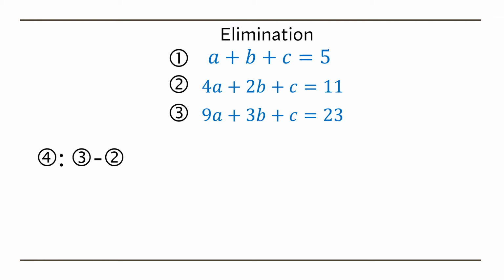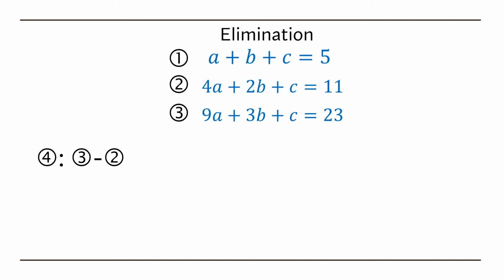So the first step to eliminate some of the variables is to take equation 3 and subtract from it equation 2. When I do this, I'm going to call this equation 4. So what is equation 3 minus equation 2? Well, 9a minus 4a is 5a.